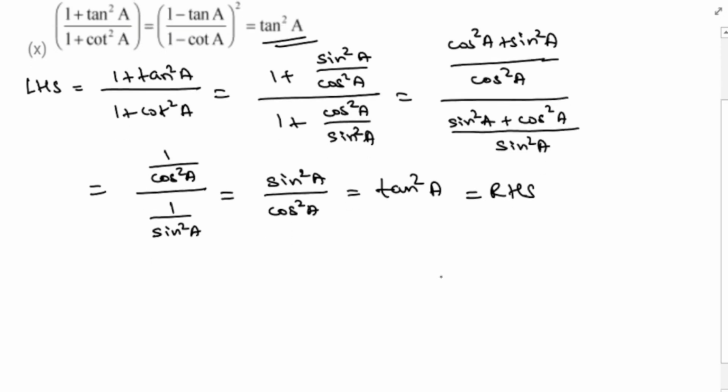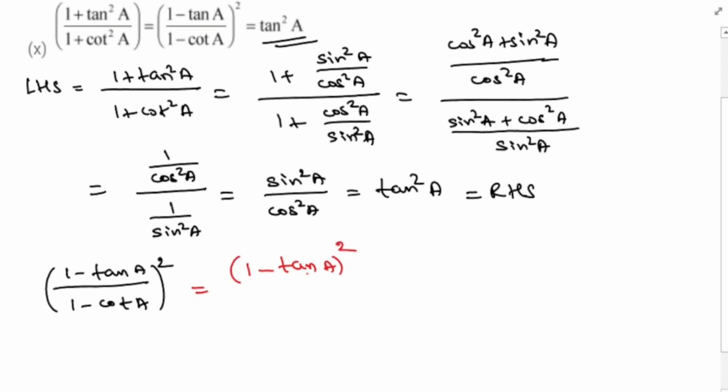Consider the other part, (1 minus tan A divided by 1 minus cot A) whole square. Here, separate the square to the numerator and denominator. We will get (1 minus tan A) whole square divided by (1 minus cot A) whole square.